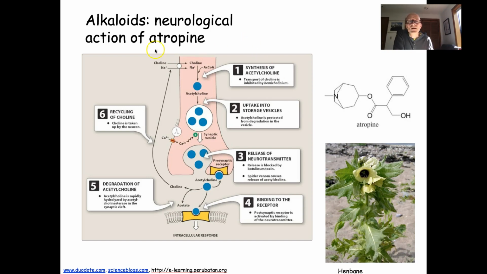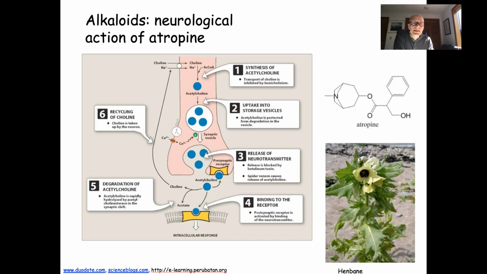It also has neurological effects. And so here you have another example of a neuron that is interacting with a receiving neuron. Acetylcholine is the neurotransmitter here. And you have the transmission, the binding to the receptor, and the uptake.